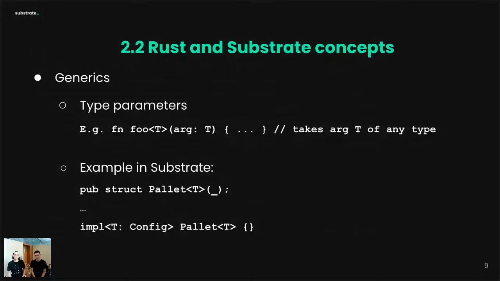And so the third thing is generics. A super important concept where Rust gives you a lot of flexibility and power is to use generics.